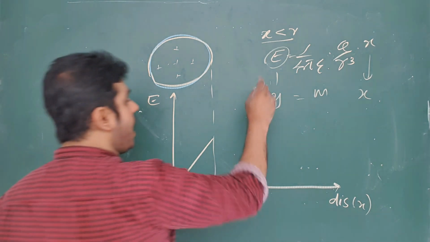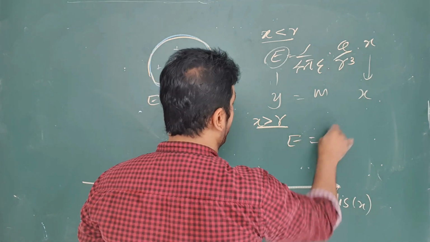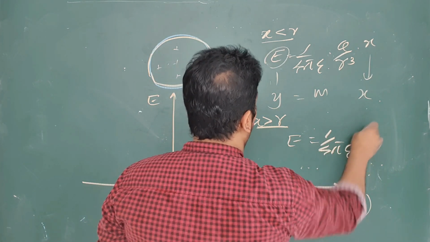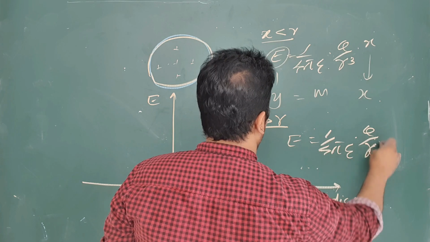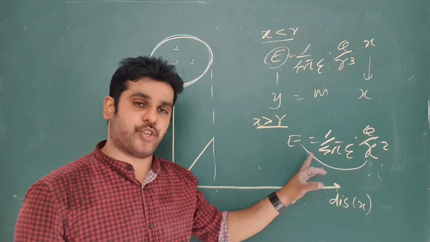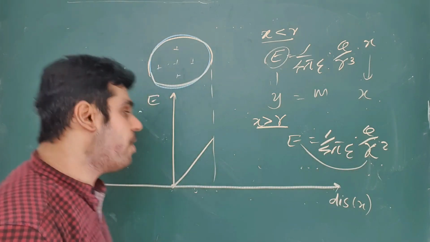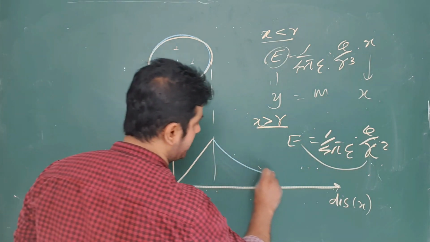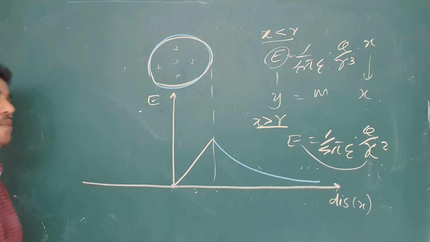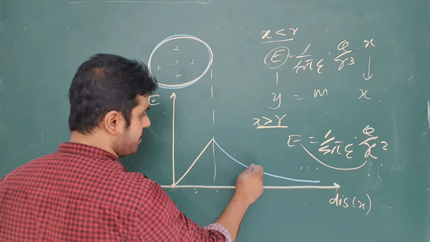Now, after x greater than r, E is given by 1 over 4 pi epsilon naught, q divided by x square. Now this is the inverse relationship. E is inversely proportional to x square. So at that time we have to draw the curve like this. Now this is the variation of electric field intensity related to the distance.